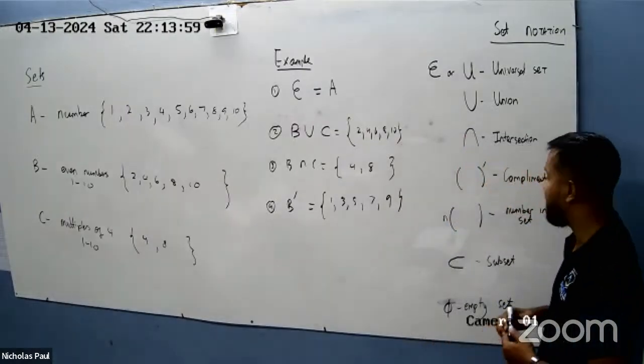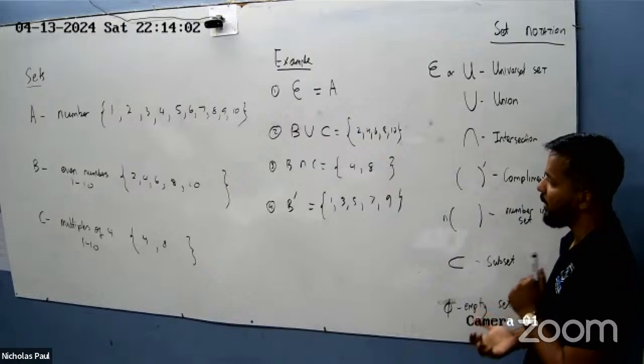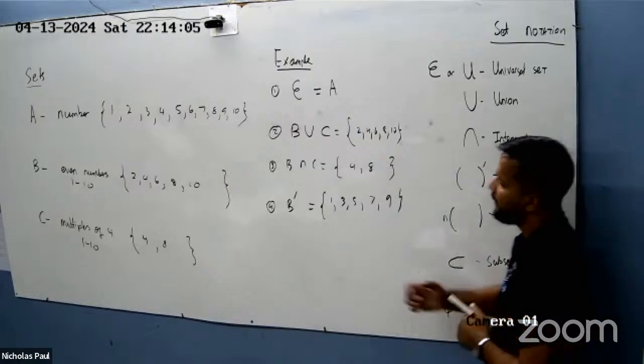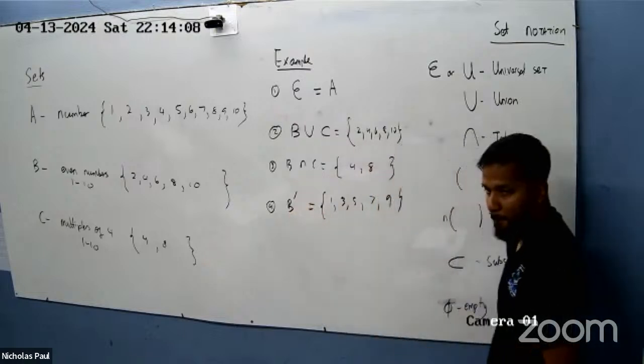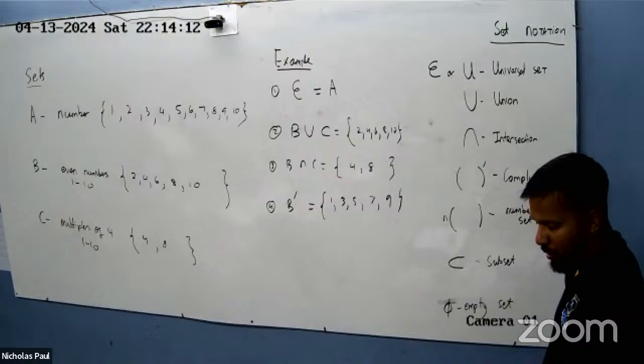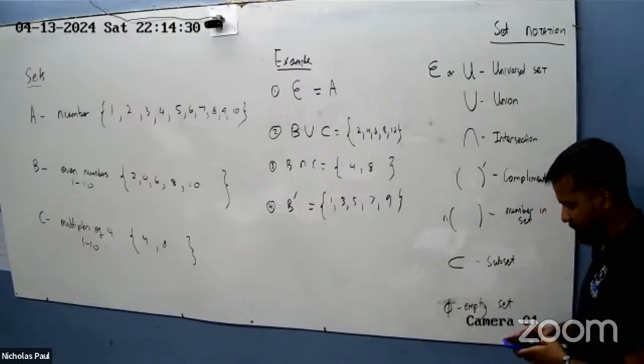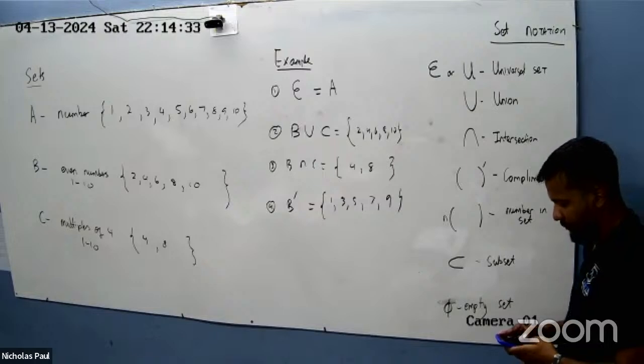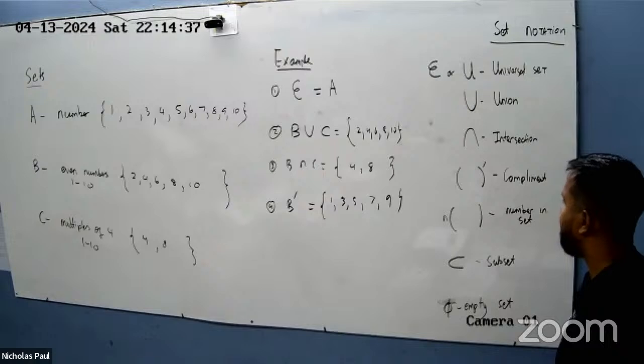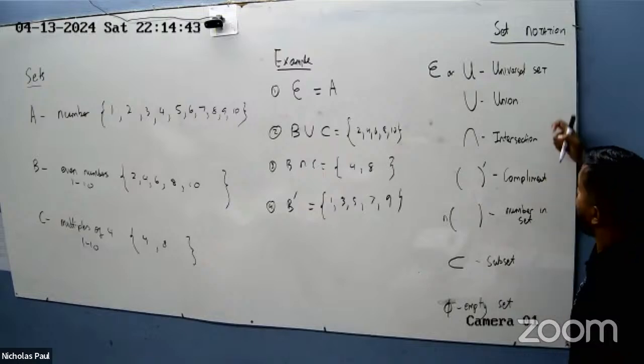That is a complement: everything that does not belong to this set. You clear? So we understand 1, 2, 3.